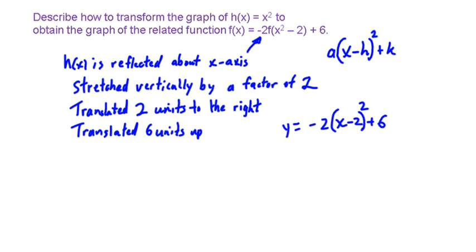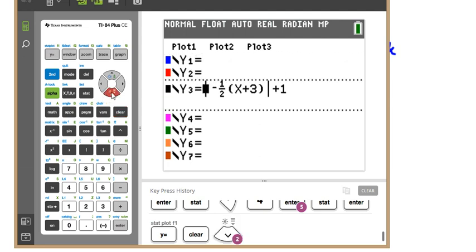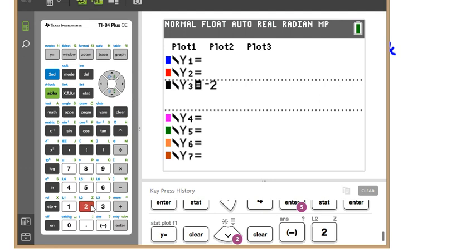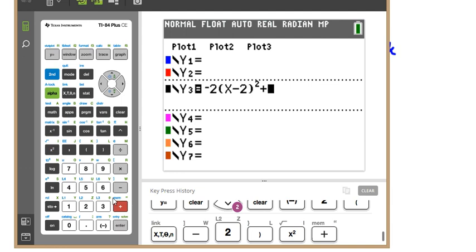Here it is. So go here, clear these things out from a previous video I did a minute ago. So we get negative 2, open parentheses, x minus 2, and we're going to quantity square that thing, and then we're going to add 6. It better be just as I mentioned here.